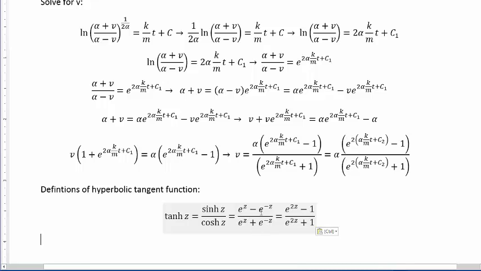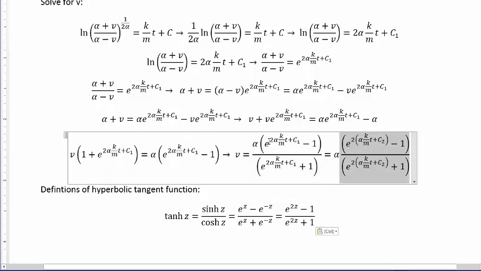So the 2's would cancel. This is what you would have. Now you can also think about multiplying the top and bottom by e to the z. And so you get e to the 2z minus 1 over e to the 2z plus 1. And that happens to be exactly this format, which is why I took that step to factor out a 2.